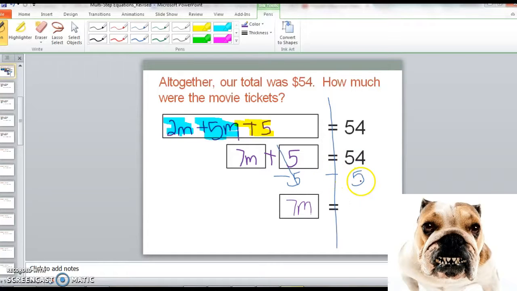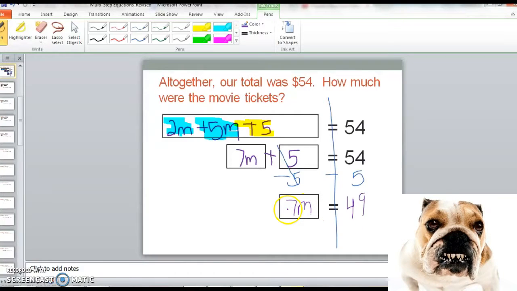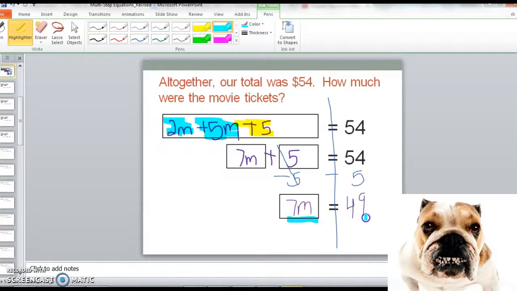$54 minus 5 equals 49. Now, the inverse operation of multiplication, because I have my number being multiplied by my variable, is division. So I'm going to divide both sides by 7.